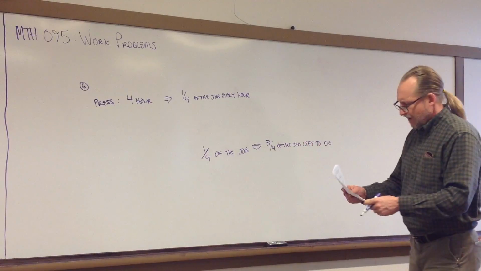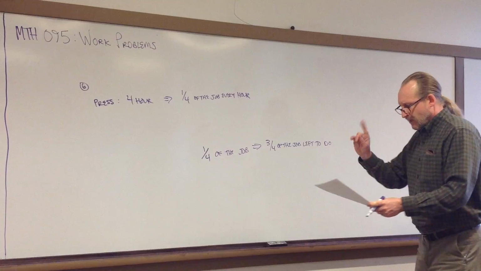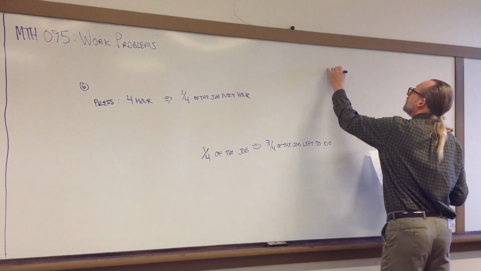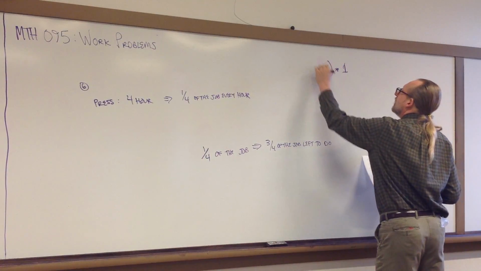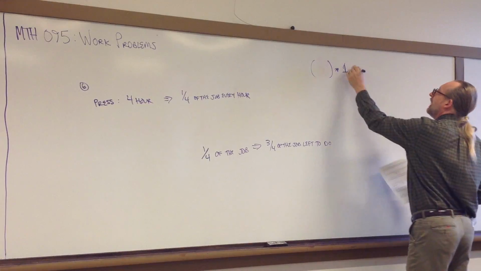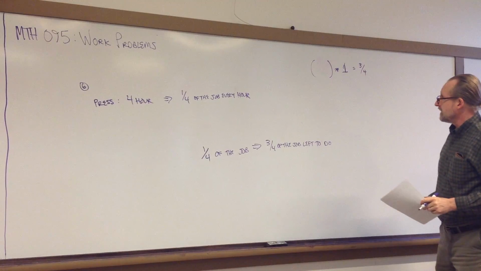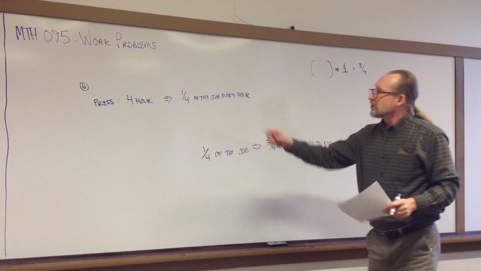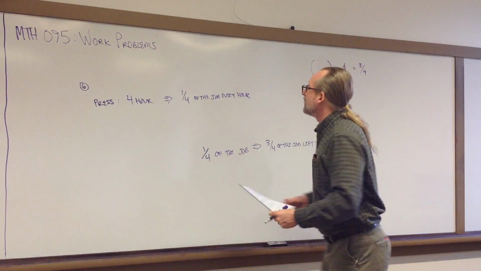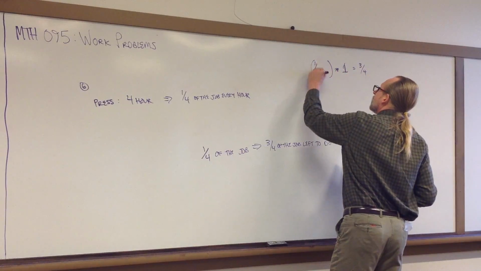Okay, let's see here. Now we know that both presses together are going to work for 1 more hour, and that'll finish up that 3/4 of the job that they needed to do. Okay? So, we know that this one does 1/4 of the job every hour.